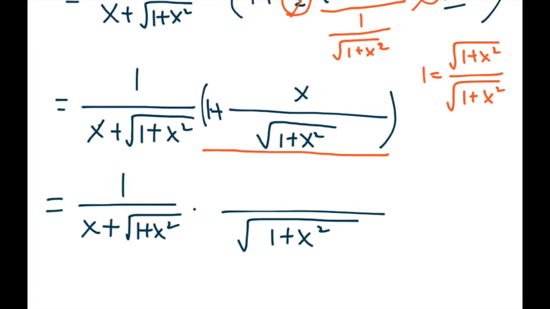So basically it is square root of 1 plus x squared and then plus x, okay, for the numerator.